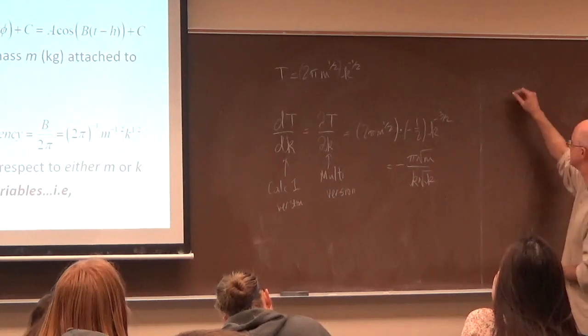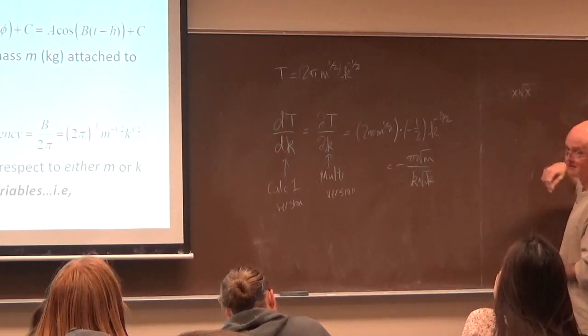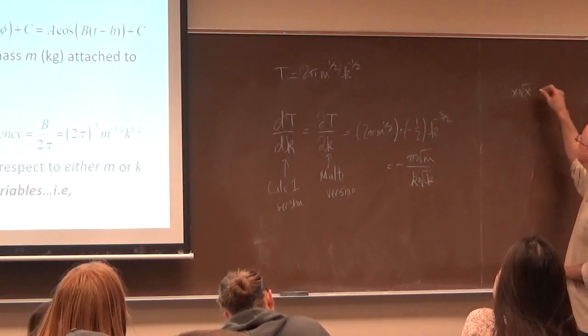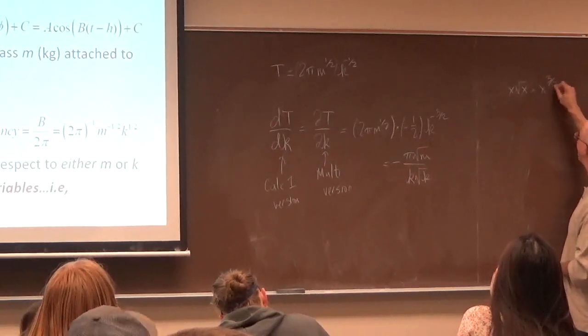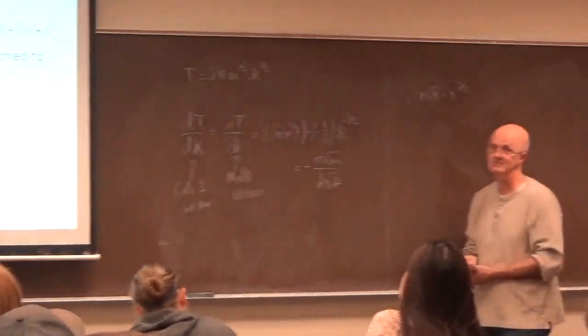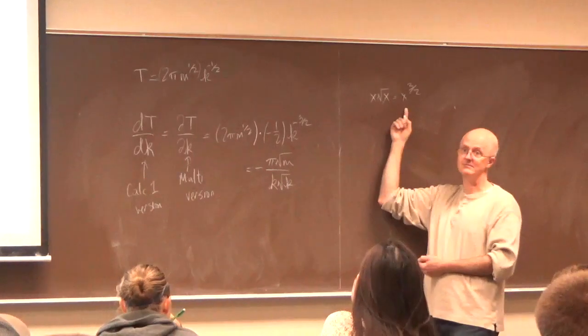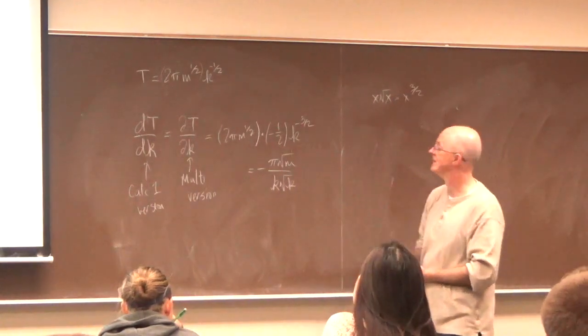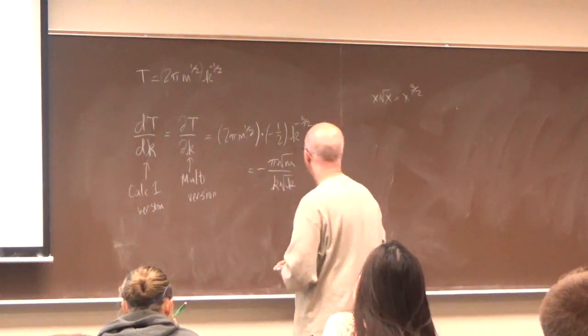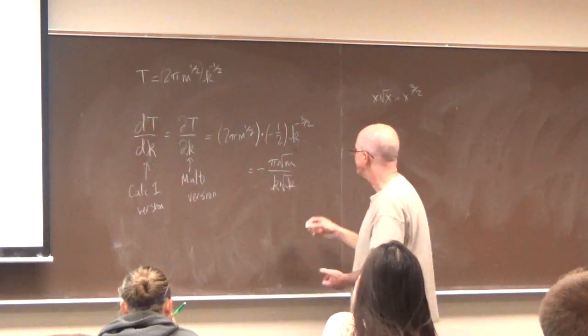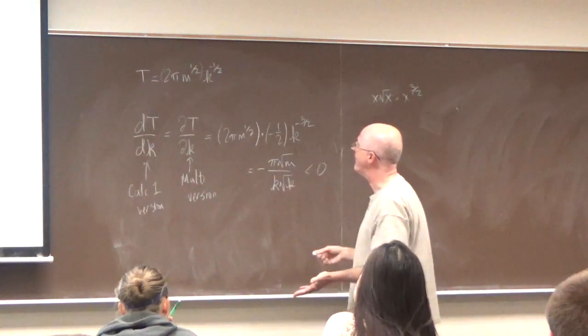By the way, in the quiz, x squared root of x can be differentiated with the product rule, but you can also just differentiate it with the power rule. It's a little quicker to do it with the power rule. Either way is okay. That's a negative quantity. M and K are positive.